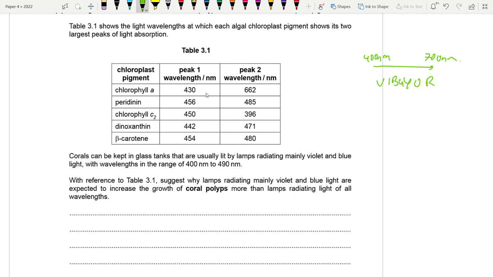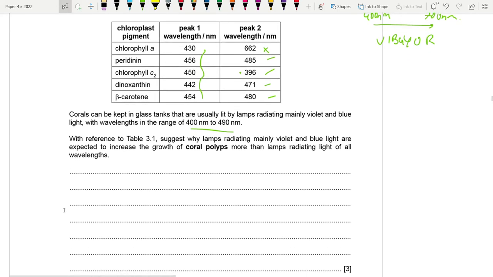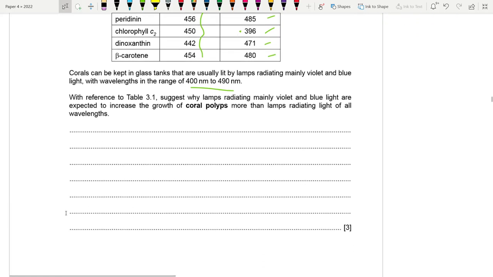So as you can see, they mainly absorb radiation from 400 to 490, right? Even here, it's between 400 and 490 almost. This is an anomaly. This is also an anomaly. You could say that. So using all colors would be a waste because the corals or the polyps do not absorb those wavelengths, right? So we need to use wavelengths in this range of 400 to 490 nanometers, basically.